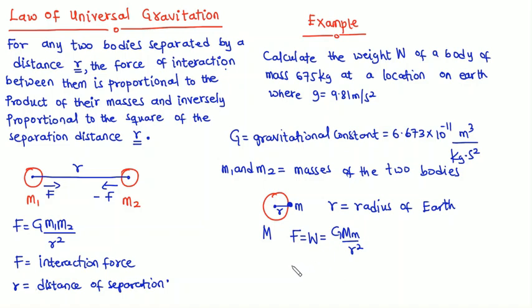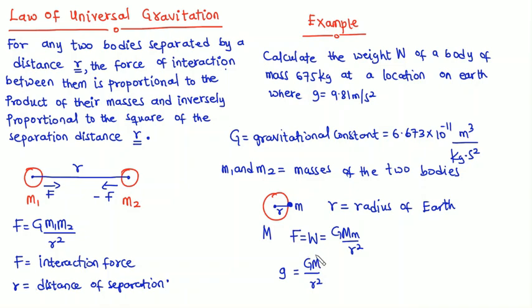What we normally do is that we consider GM, which is the gravitational constant multiplying the mass of Earth, divided by r squared, and we represent it with the constant g. We know the value of the gravitational constant, the mass of Earth, and the radius of Earth.